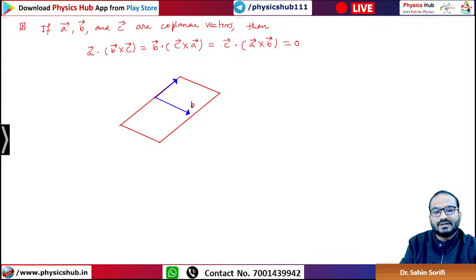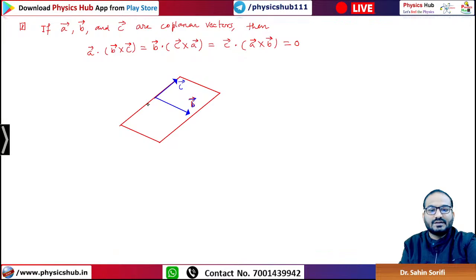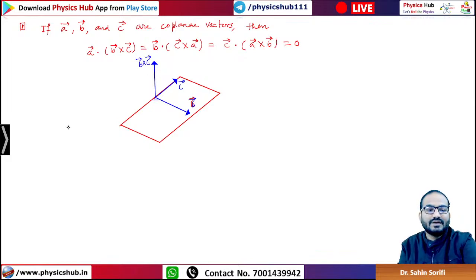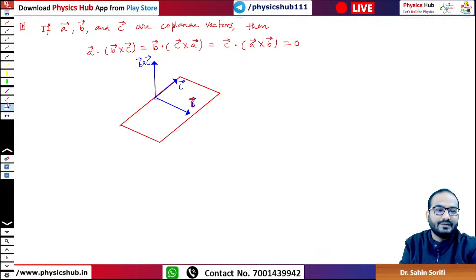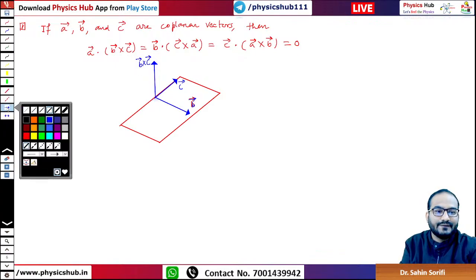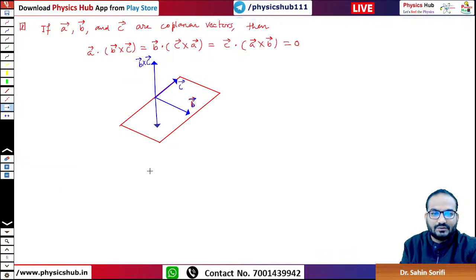Let's say this vector is vector B, this vector is vector C. So obviously the direction of B cross C will be along this. Now if our vector A should also lie on this plane, what criteria will it satisfy?